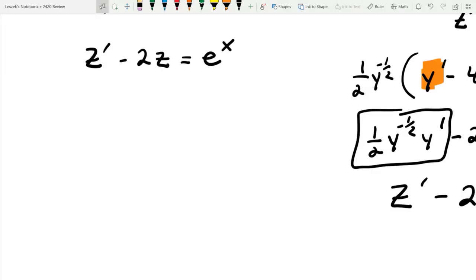So, okay. Here we see that the function multiplying z in our first order differential equation is -2, a constant. So our integrating factor is just going to be e to the negative 2x. So we multiply both sides by it.